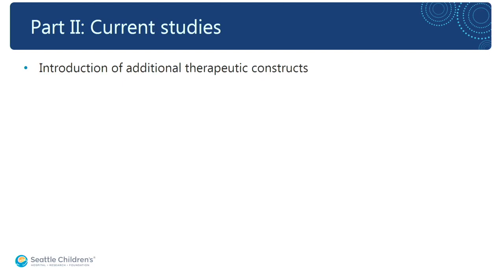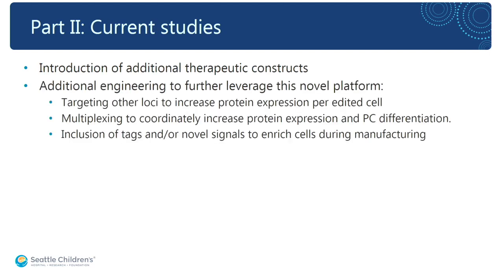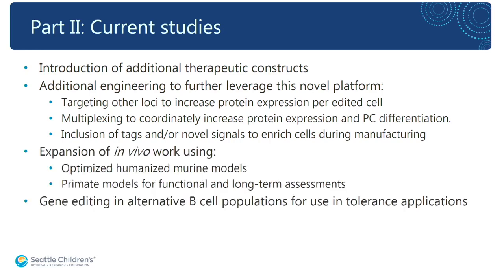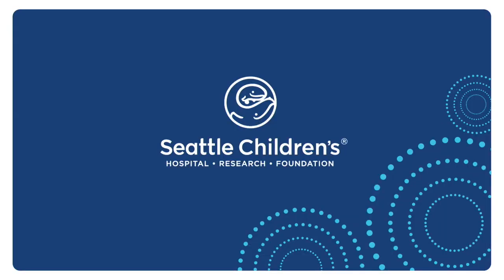Essentially, what we're trying to do now is build new therapeutic cassettes and then go to loci that would make sense, where a B cell is using a promoter that's driving high-level protein expression in a plasma cell, and introduce our cassettes into that setting. And I'll stop there and take questions.